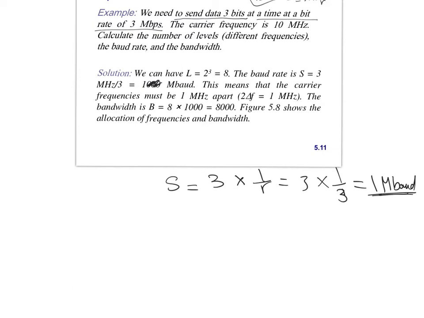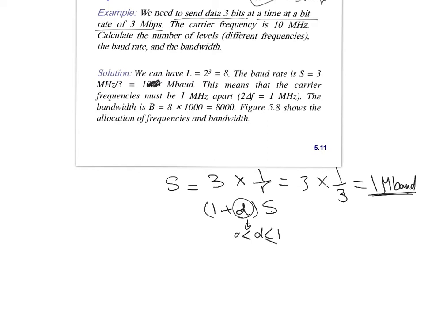So what is the bandwidth for one symbol? As we said last time, the bandwidth for one symbol is 1 plus d times S, where d is the filtering factor, and it ranges from 0 to 1.